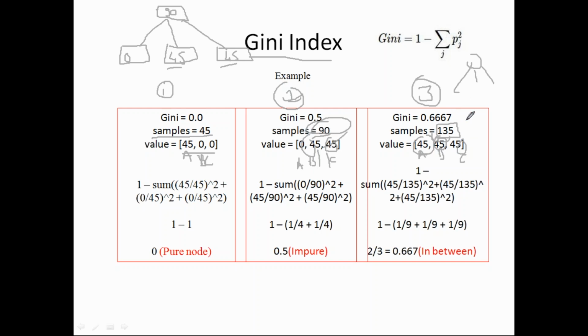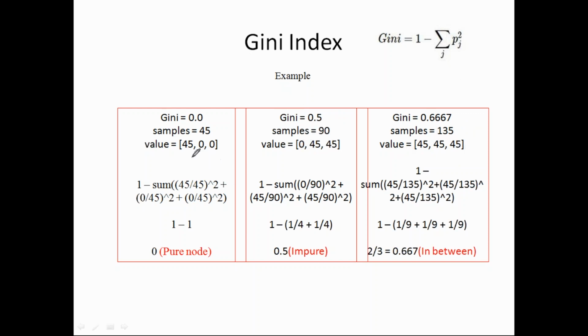There is no advantage of splitting, because your data points are equally divided into class A, class B and class C. I cannot come to a conclusion very well on these samples. Now first of all, we will look at how this Gini index is calculated.